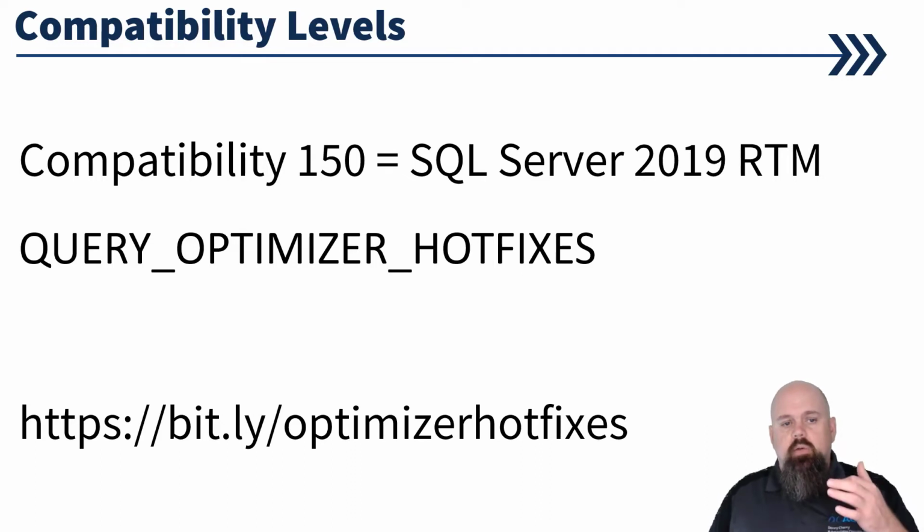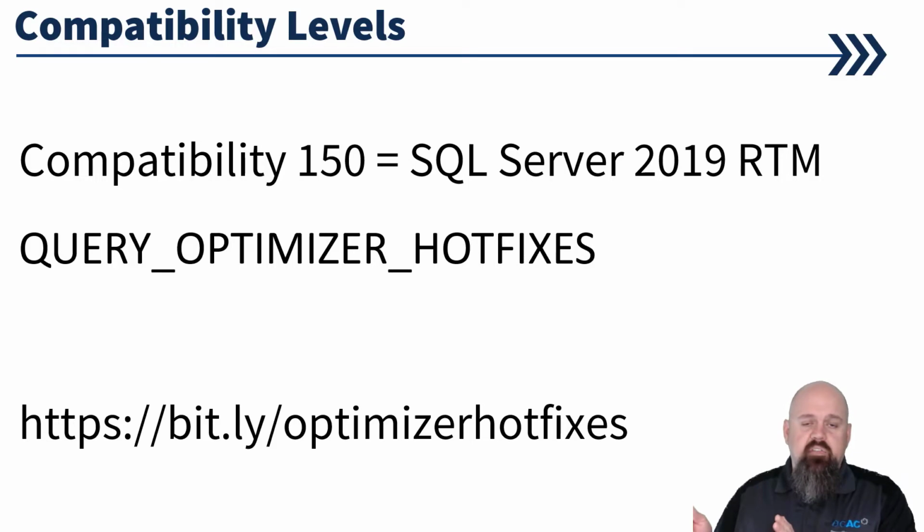If you set a database at compatibility level 150 and do not enable the query optimizer hotfix, you are not going to be able to take advantage of the query optimizer hotfixes that they might have released in a subsequent cumulative update. If you enable the query optimizer hotfixes, you could then take advantage of any query optimizer hotfix they released in any one of those cumulative updates.